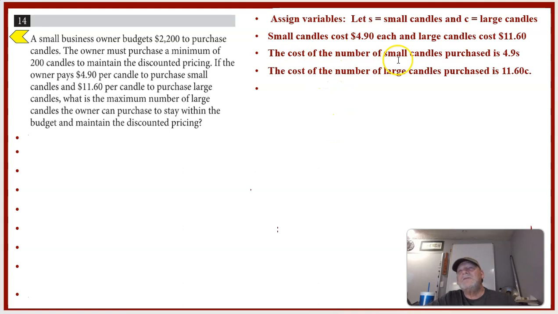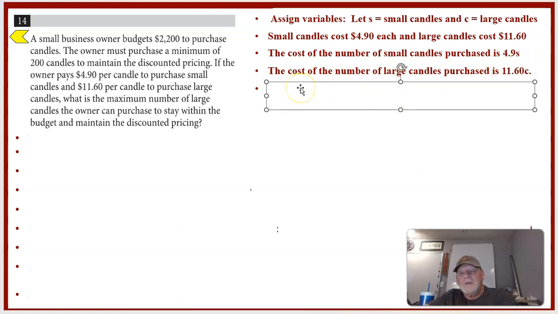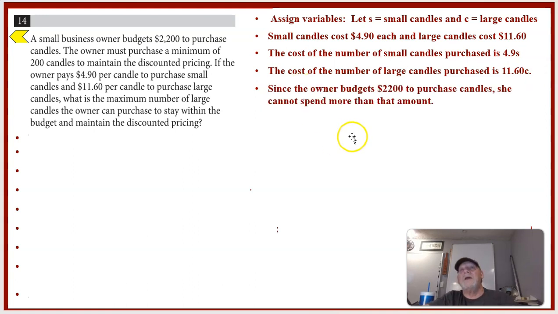So from that, I can say that the cost of all the small candles will be 4.9 times the number, or 4.9S. S represents the number of small candles. And then the cost of the number of large candles, 11.60C. All right. So that's the important things.